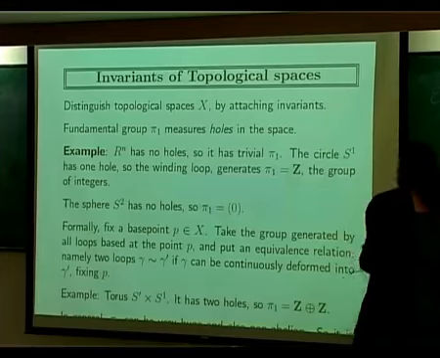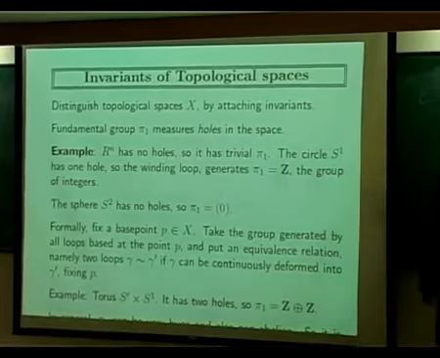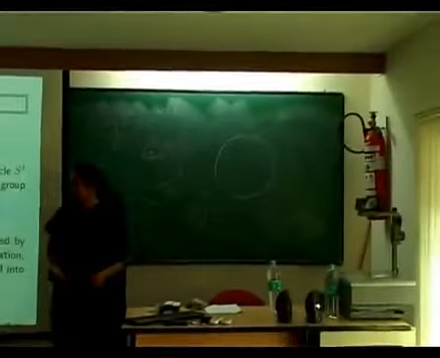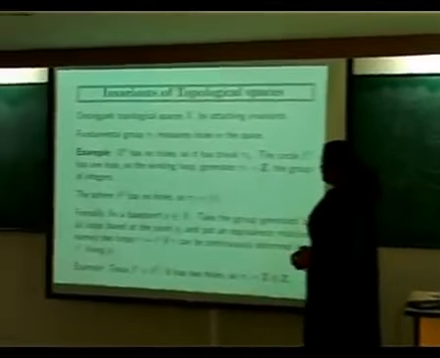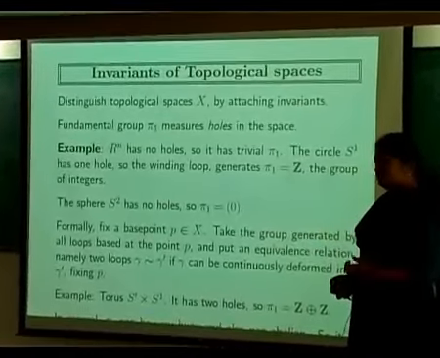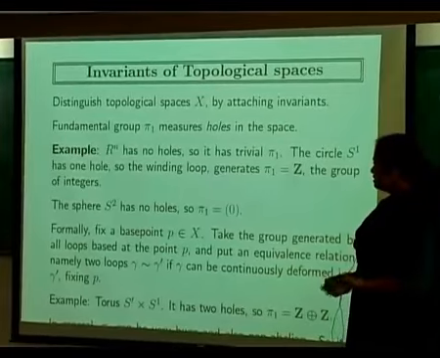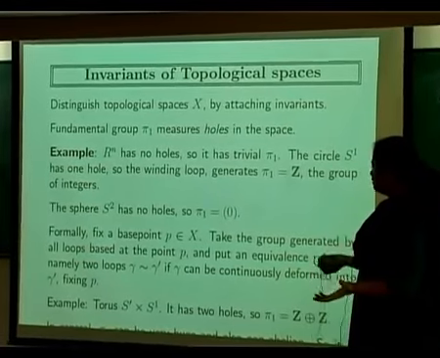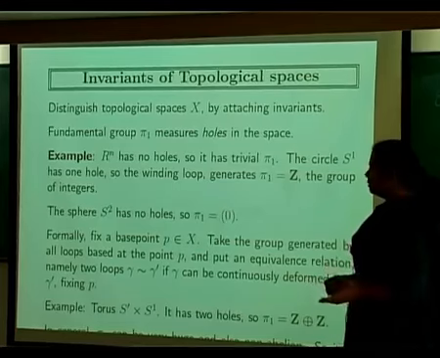So one has to see what equivalence you can put on this collection of all loops. If you take two loops, you say they are the same, equivalent, if one can be continuously deformed into the other loop.